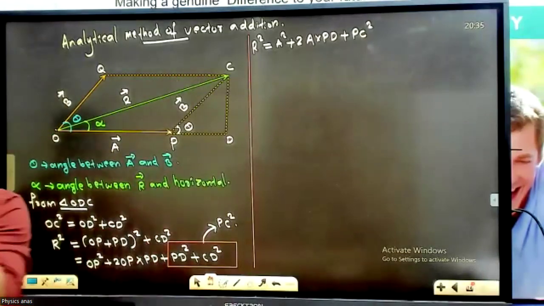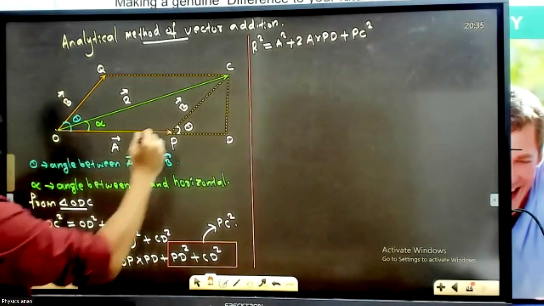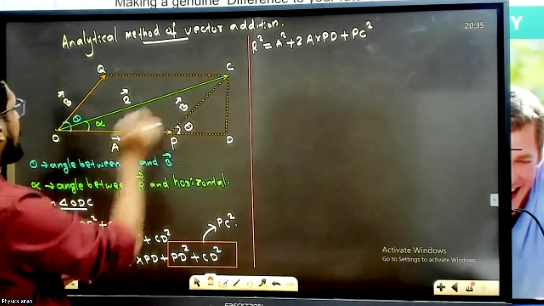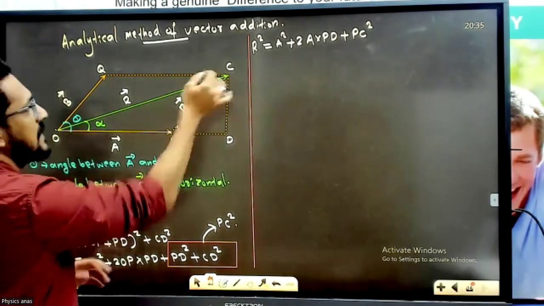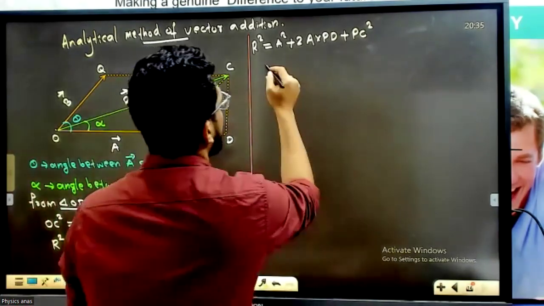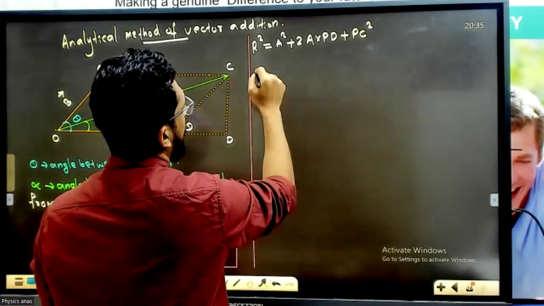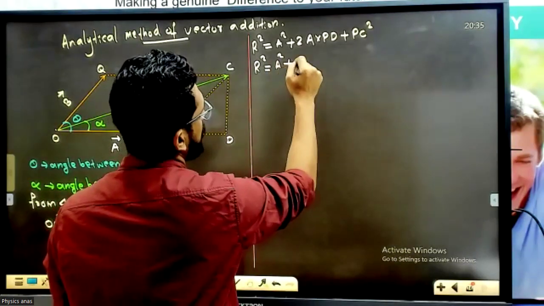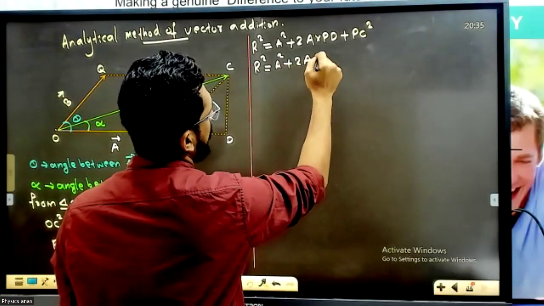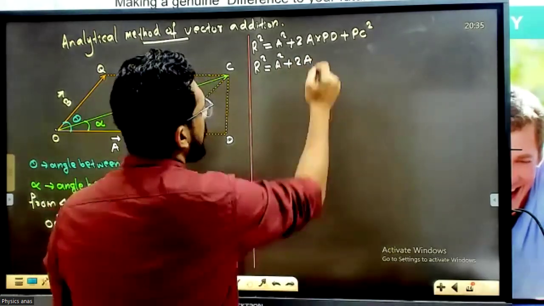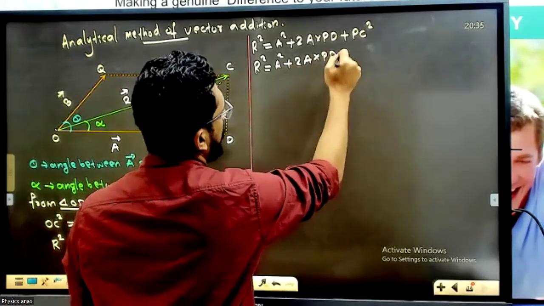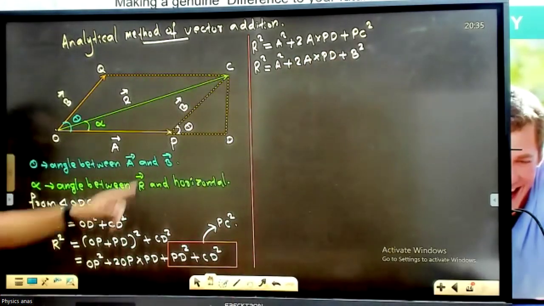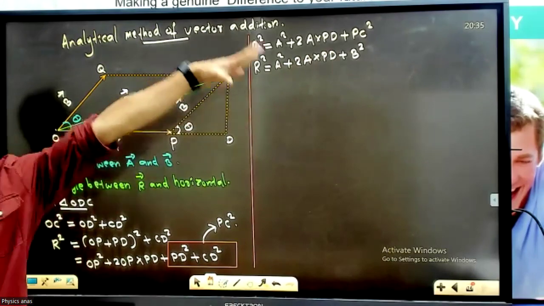Now what is PC square? PC is B. OQ is B, and PC is also B. So R square is equal to A square plus 2 into A into PD plus B square. That's B square.